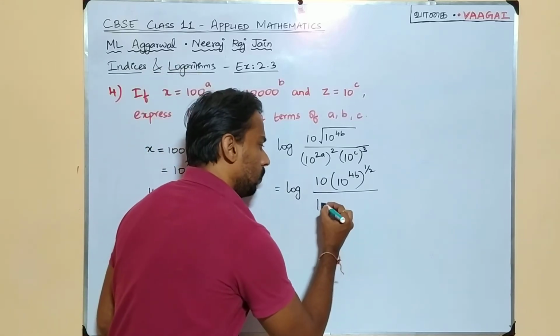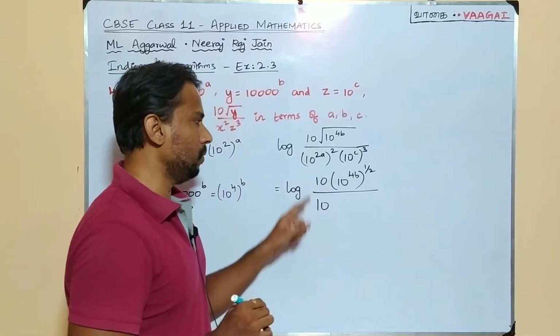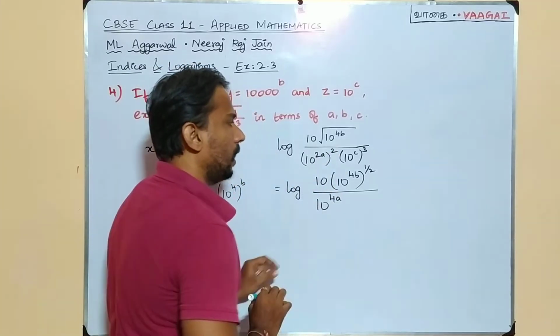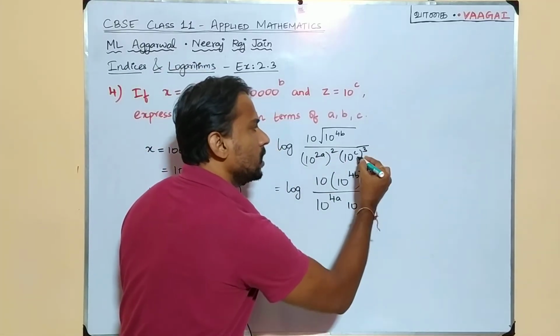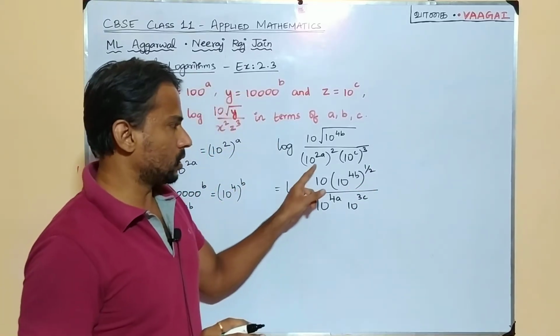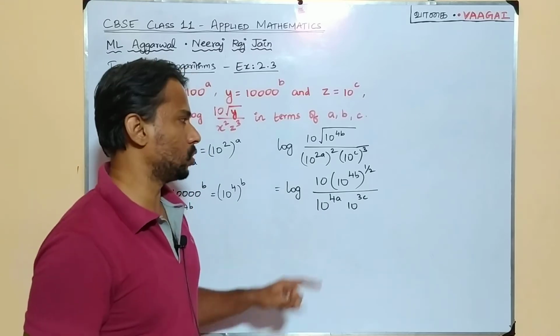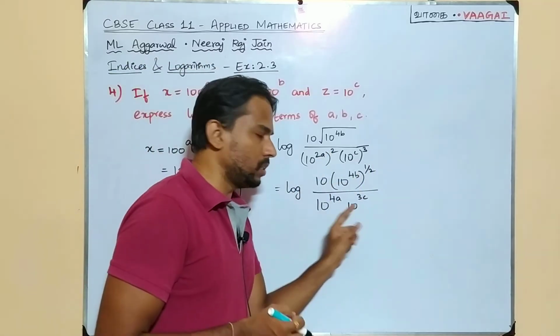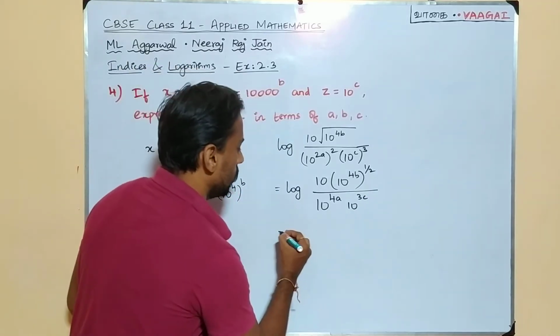The denominator becomes 10 power 2a into 2, which is 4a, and next here we have 10 power c power 3, which becomes 10 power 3c. I'm using the axioms of exponents only: 2a into 2 becomes 4a, and c into 3 becomes 3c.